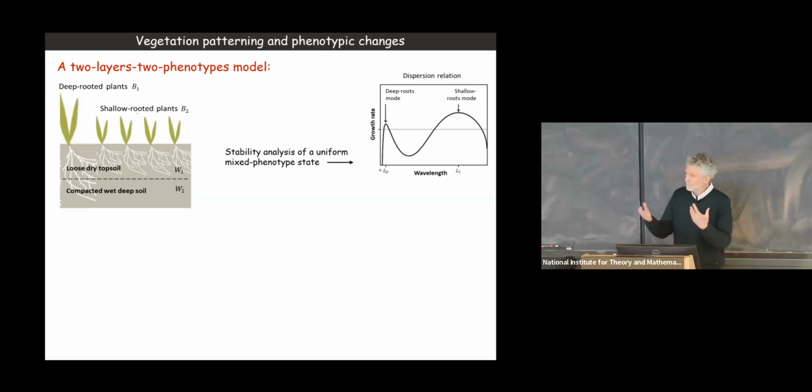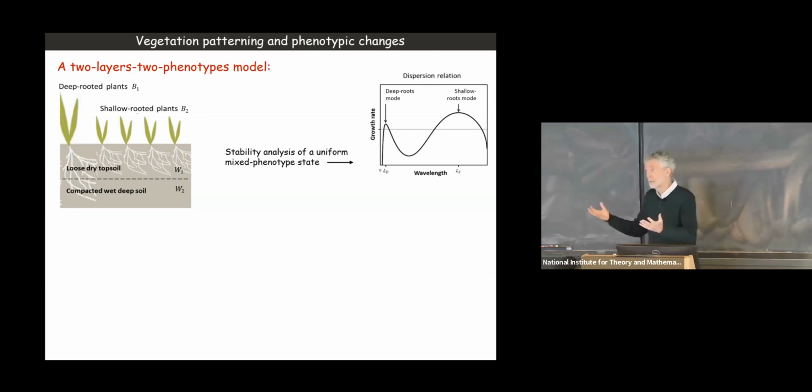And there is a uniform mixed state of the 2 phenotypes. At high precipitation, it's mostly shallow-rooted plants. At lower precipitation, it's more deep-rooted plants. But at some point, we get a Turing-like bifurcation. Two modes grow, one with short wavelength, one with large wavelength.